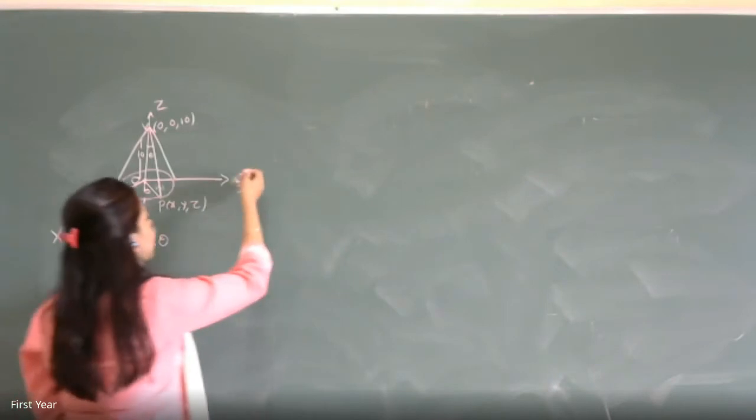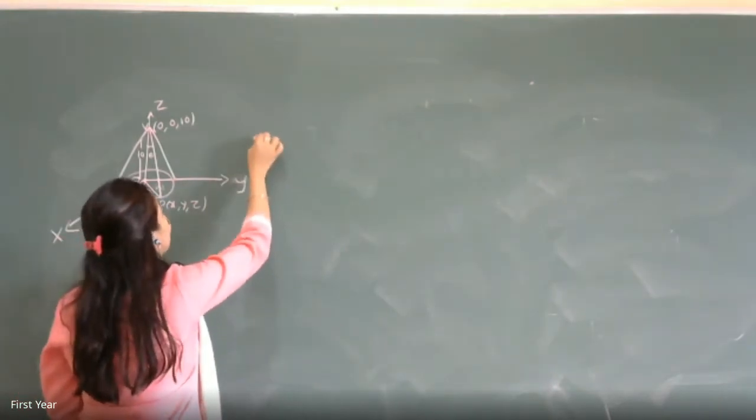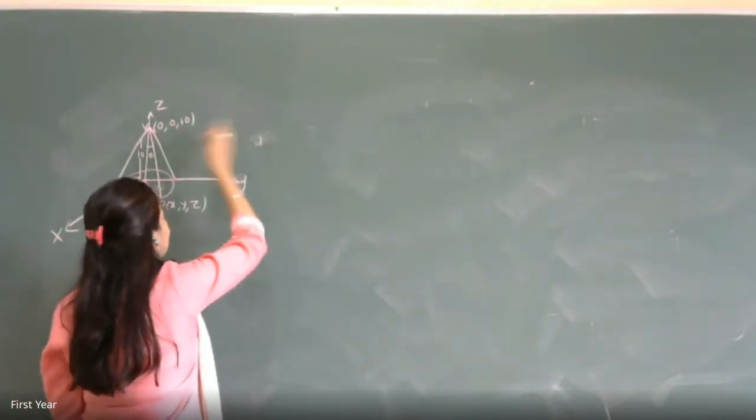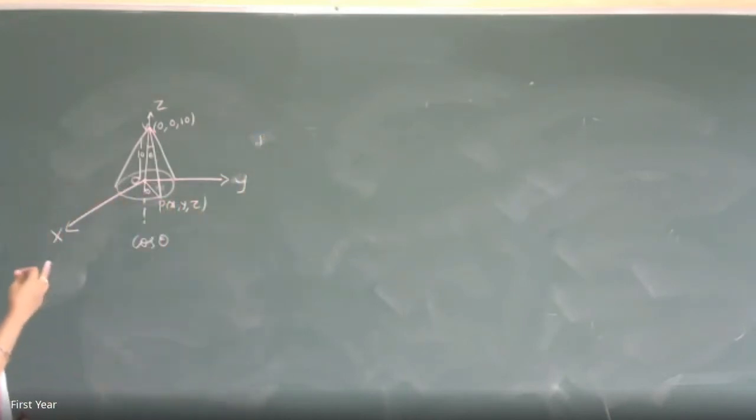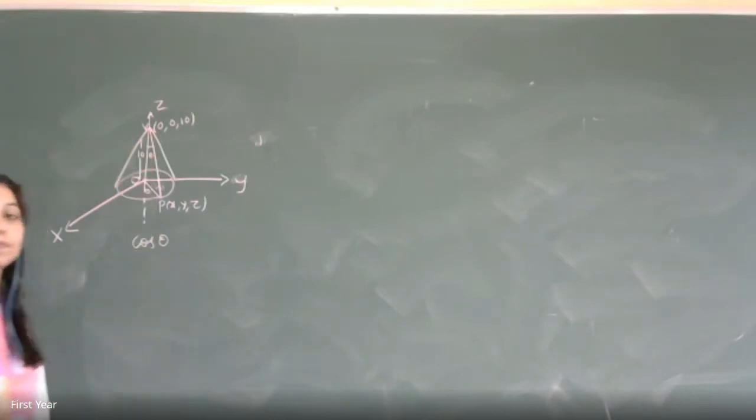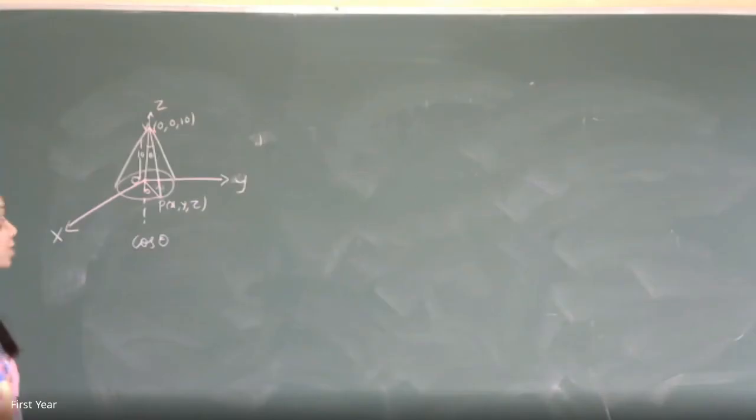Z. They will ask you such types of questions in MCQ, where they give all these things and ask whether the axis of the cone is x-axis, y-axis, z-axis, or cannot be identified. So what's the answer? The z-axis is the axis.